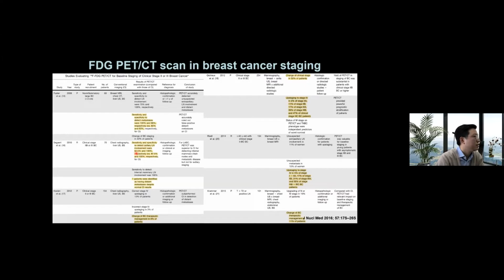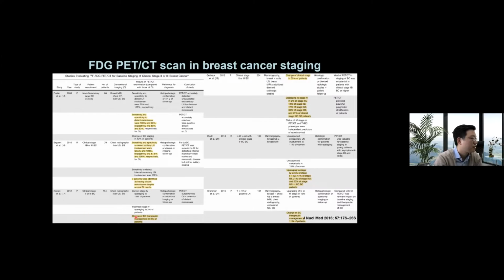And in this study, sensitivity was slightly low, but the specificity was pretty high for detecting the axillary lymph node metastasis. And 7 patients were identified as having distant metastasis, which was not known by the conventional imaging.